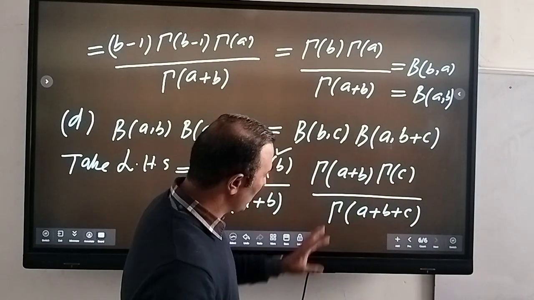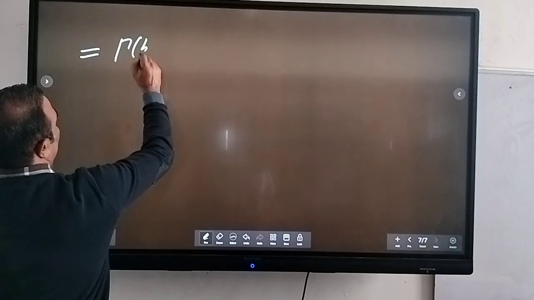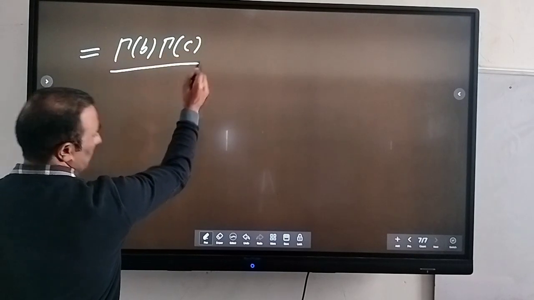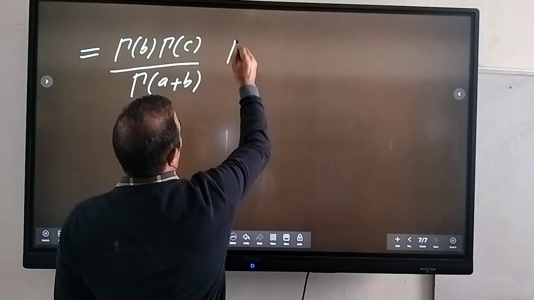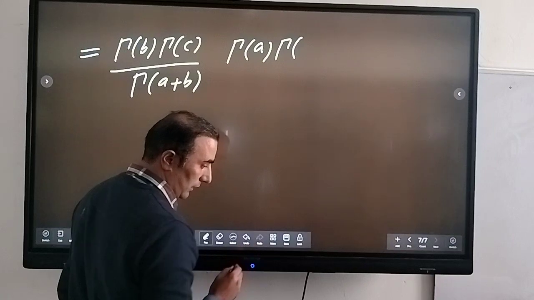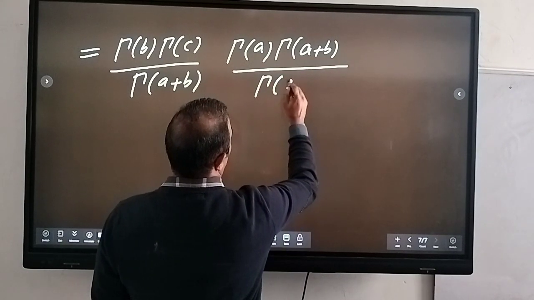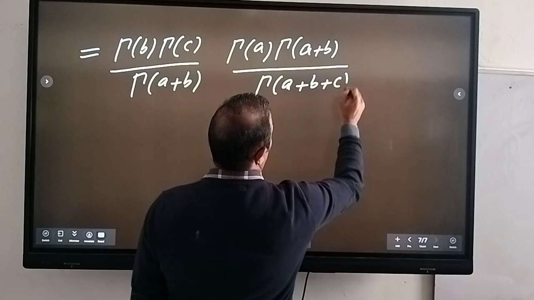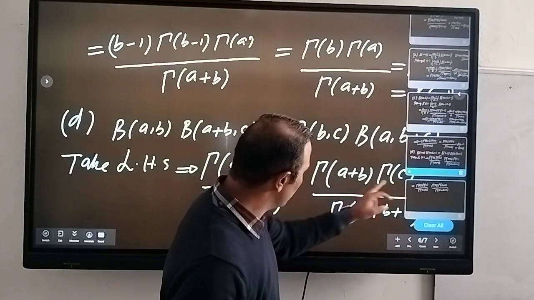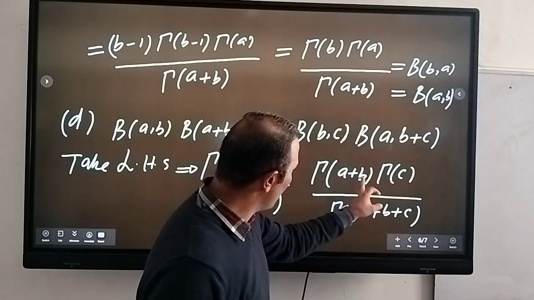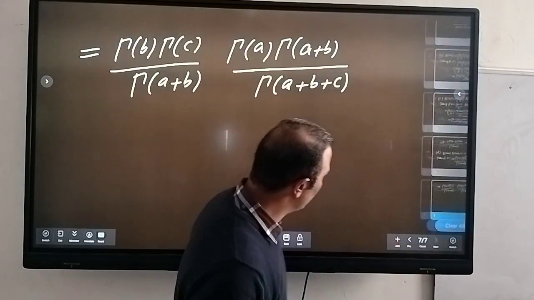Let me rewrite this as gamma B, gamma C, the denominator is the same, gamma A plus B, then gamma A and gamma B plus A, divided by gamma of A plus B plus C.